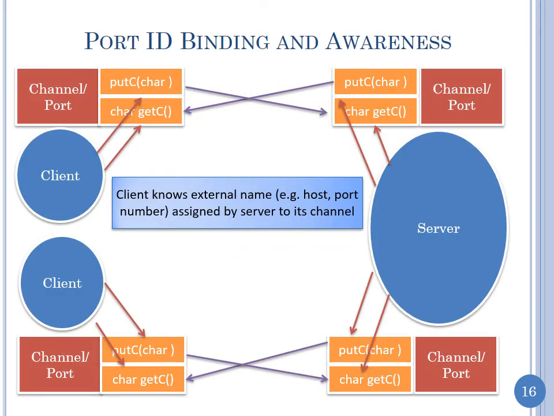So we're going to assume what we see today commonly with sockets, that the external name is the host name and a single port number. A server is always executing on some host, so the client can know what host it is, or find out through a name server what host the server is on. It can also find out through a name server what the port number is, and it can then use that host and port number to connect its endpoint to the server endpoint.